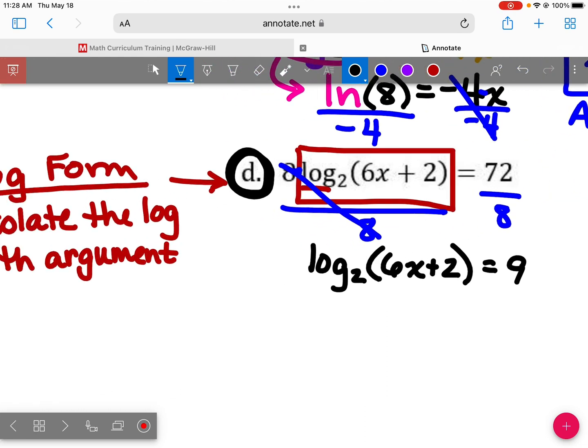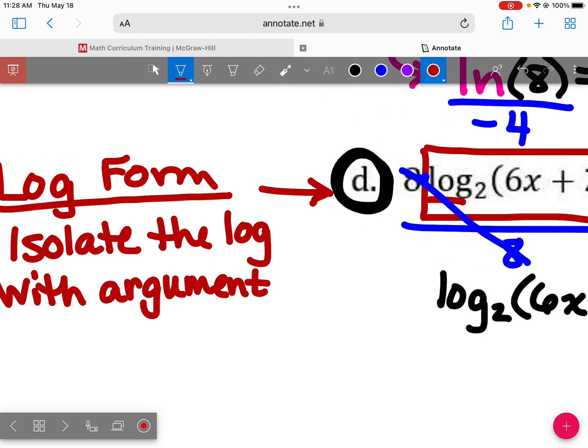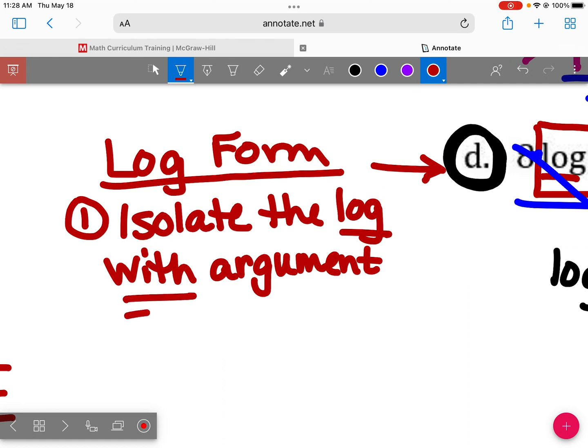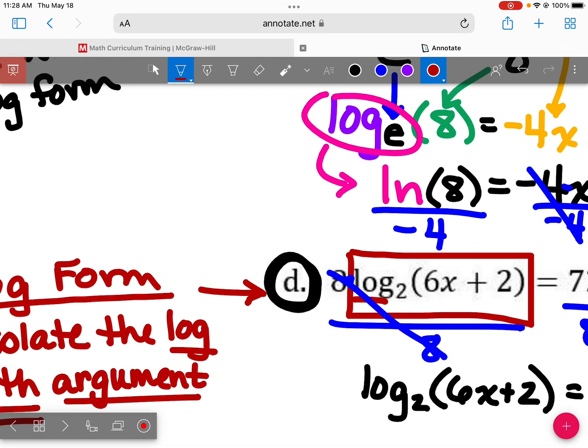Have I isolated the log with its argument? A log can have a base of anything that's positive. We said that the log with its argument is what we have inside this red box here.